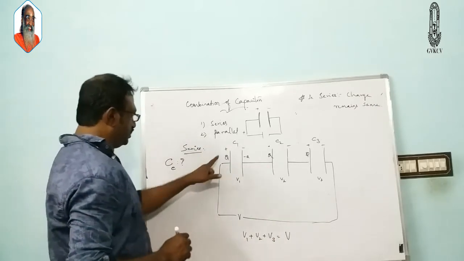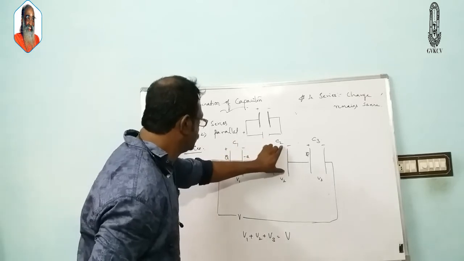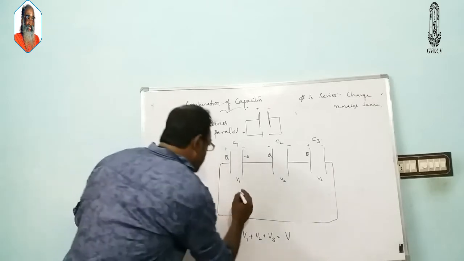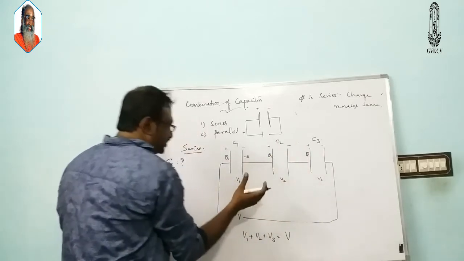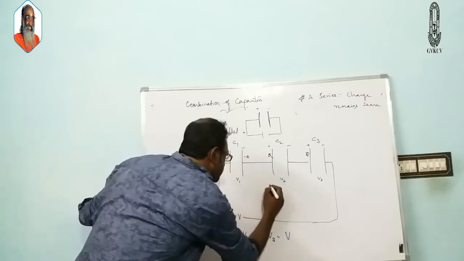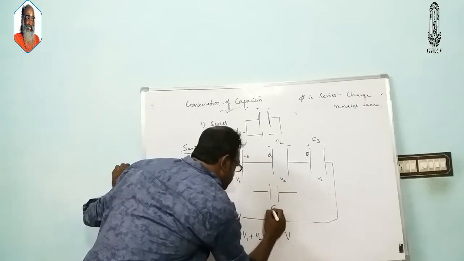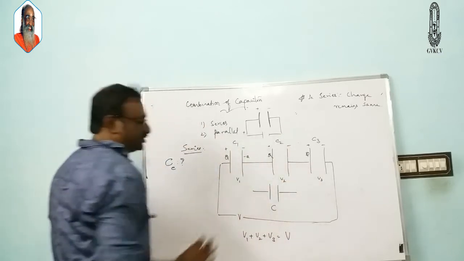This is the capacitor with capacitance C1, this is the capacitor with capacitance C2, this is the capacitor with capacitance C3. Let us think that due to this combination, we are going to see an effective capacitance. Let us indicate that by means of a capacitor, its effective capacitance is C.